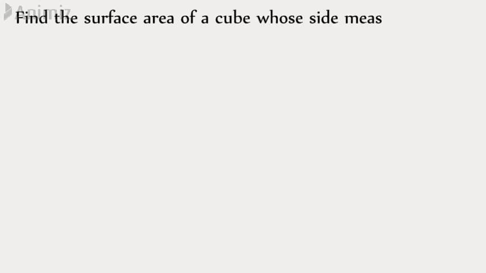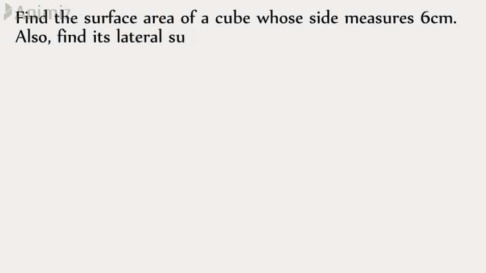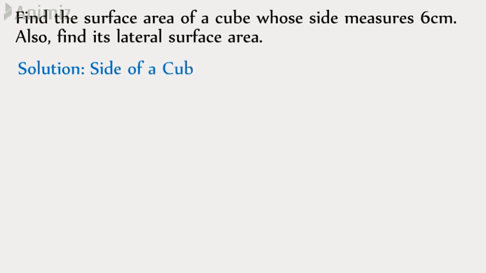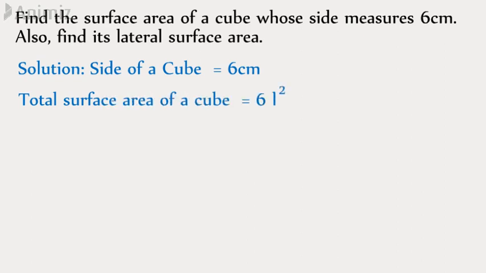Let's take an example. Find the surface area of a cube whose side measures 6 cm. Also find the lateral surface area of the cube. Given side of a cube is equal to 6 cm. We know that total surface area of a cube is equal to 6L square.